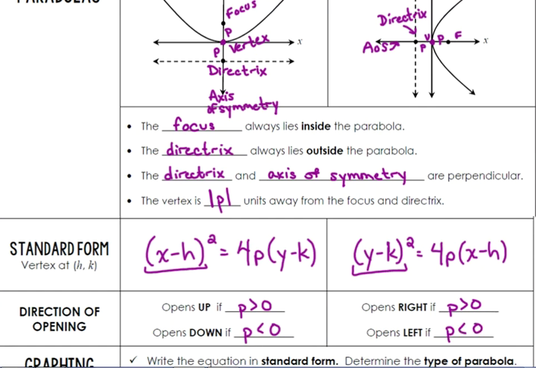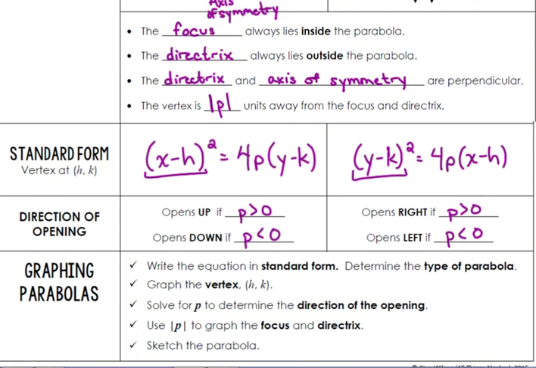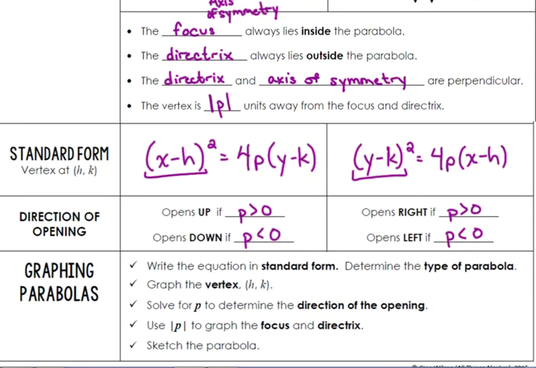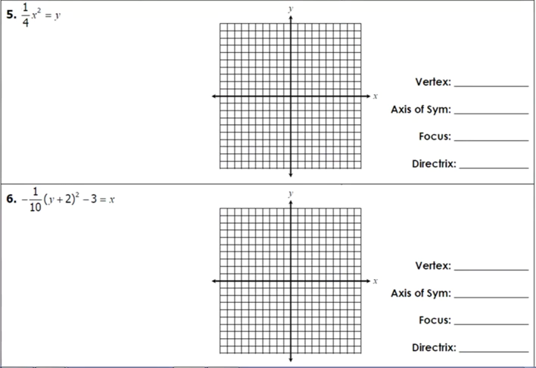Greater than 0 is right, less than 0 is left. All right, any questions about our equations, how they're set up, what they look like, etc.? All right, so let's look at some examples of if we're trying to graph these things.